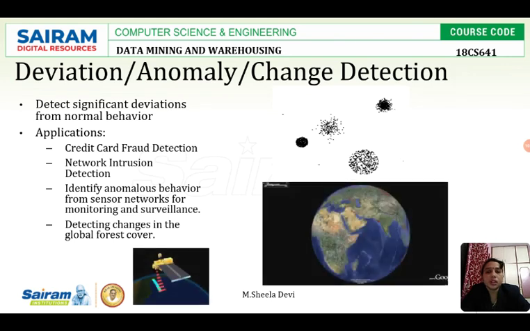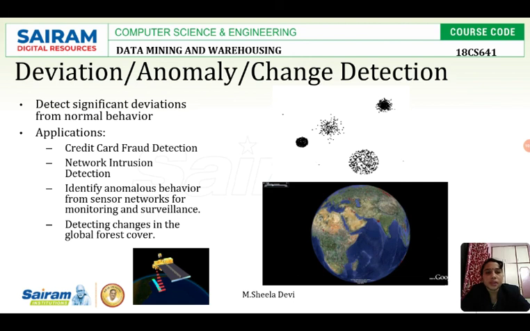So we have to suspect that and take some action. Also, if sensors are capturing images of different planets and find some objects falling from a planet, that is anomalous behavior. That is change detection, the sensor is detecting some change. And if a person using a credit card makes some abnormal purchases, usually his transactions will be in thousands, but if a transaction is found per day of more than 50,000, then it is abnormal behavior for that credit card account.